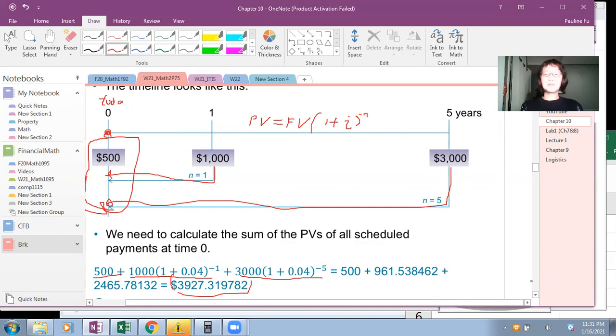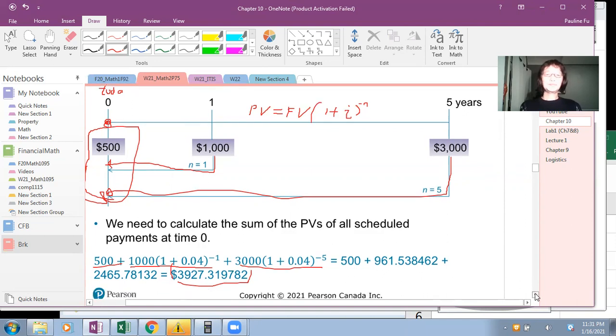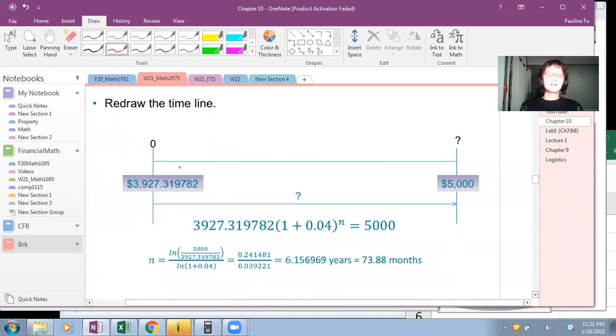Once you have this number, and you also have a future value, 5,000, the question is, what is the term N? We can plug in the term N formula: ln(FV over PV) over ln(1 plus I), and you get this number of years or months.